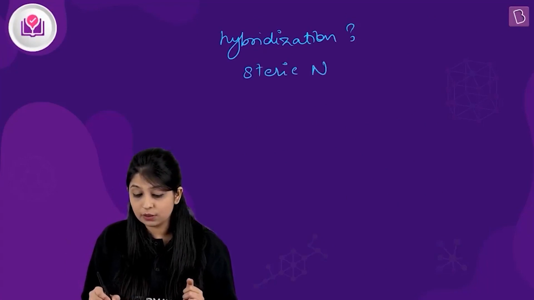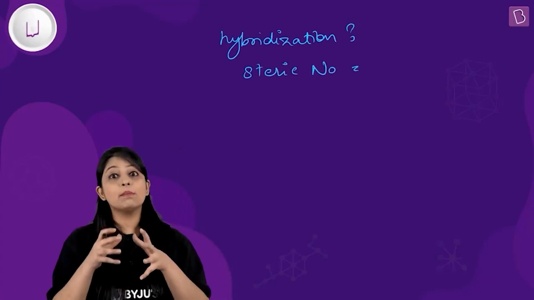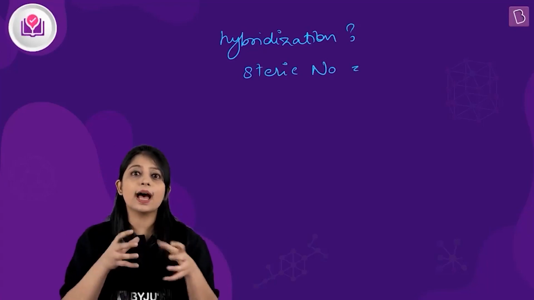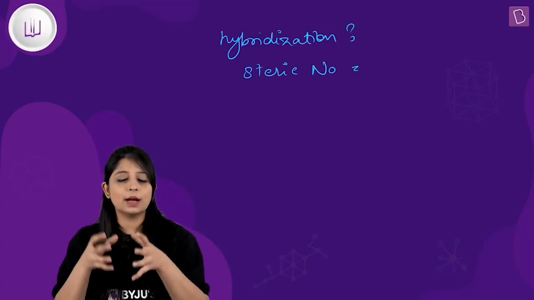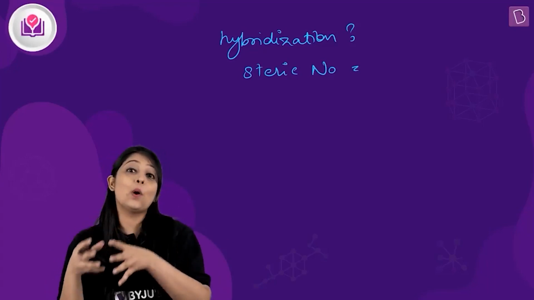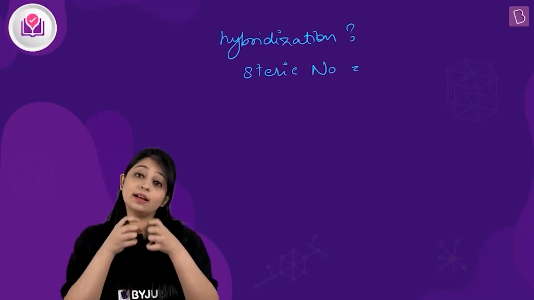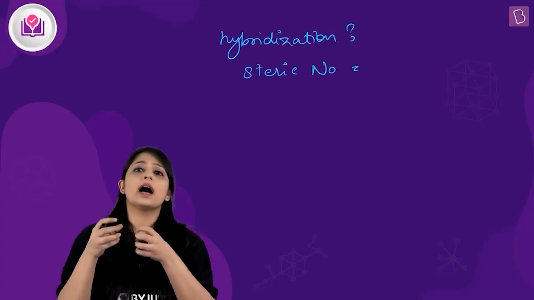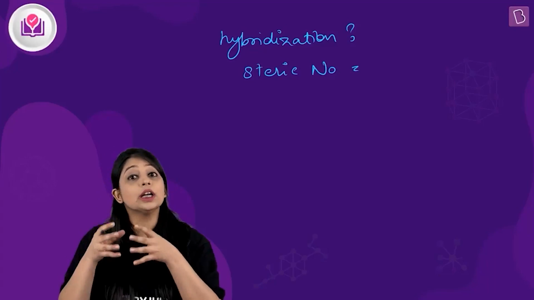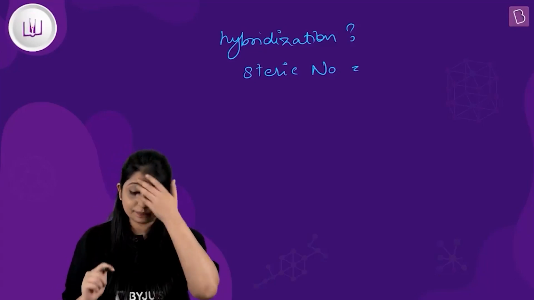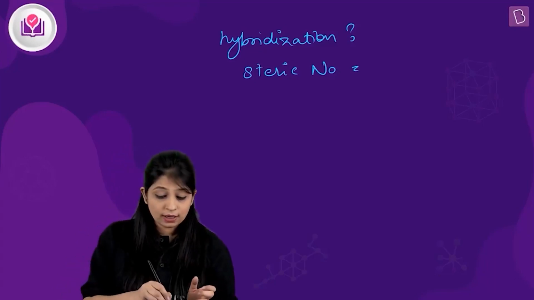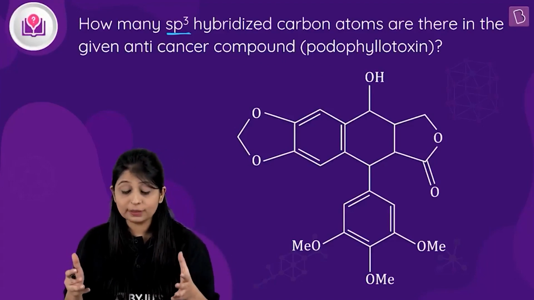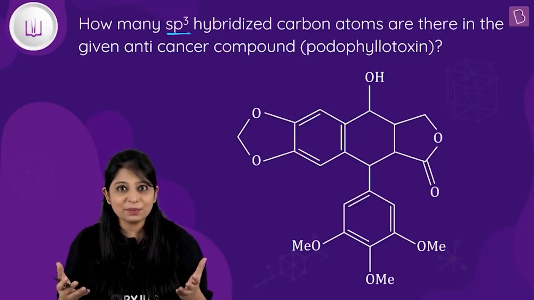So steric number is equal to what? It is equal to the sum of the sigma bonds that a particular atom is making with other atoms and the number of lone pairs on that particular atom, right? So we see here we don't have any lone pairs on the carbon atoms for which we need to find out the hybridization.